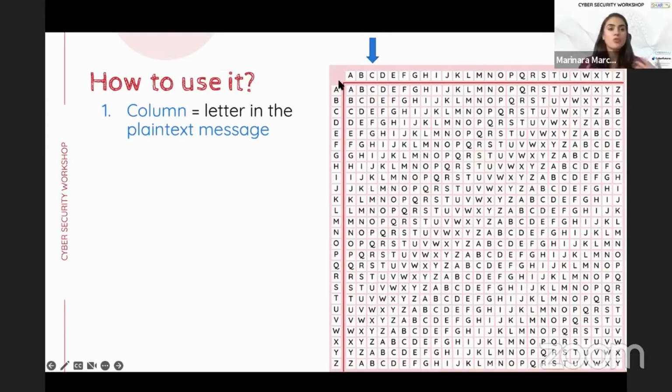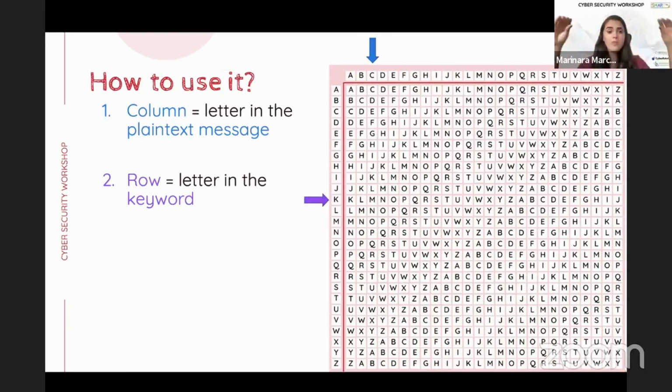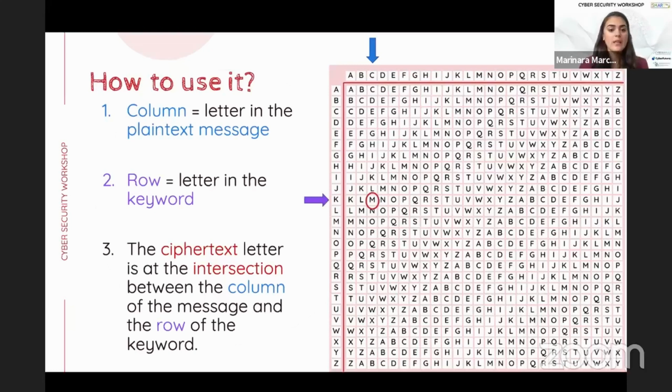So whenever you want to encrypt A, you'd be looking up here, A, okay? So, and the row is going to be the letter in the keyword. So remember our keyword before was code. So we'd be looking, for example, for the C here first, and then we'd be looking for the O here, okay? So this is just something to keep in mind. The columns are for the plain message and the rows are for the keywords.